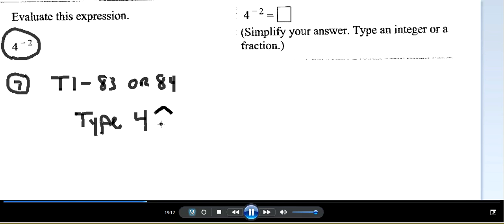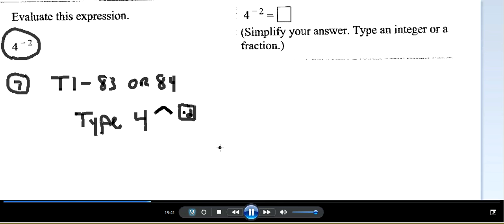And once you plug in that, let me take a look at mine. It's going to look like 4, then you're going to raise it to the, they're slightly different now in these calculators between the 83 and 84, but it's going to have a little box here, with or without the caret. And in here you're going to put the -2.